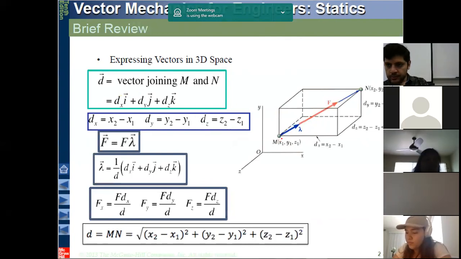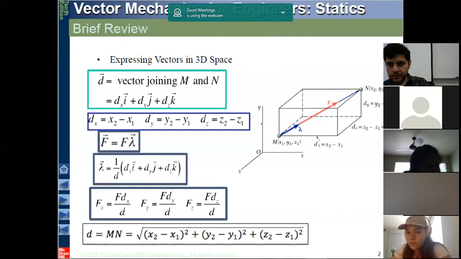So if we have a force acting on point M, then the question is now, how do we write this vector F? How do we calculate the magnitude and the direction of this vector?